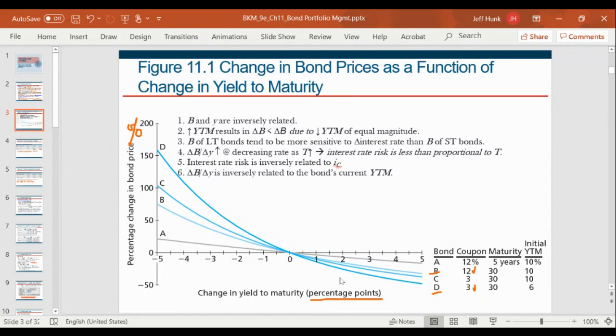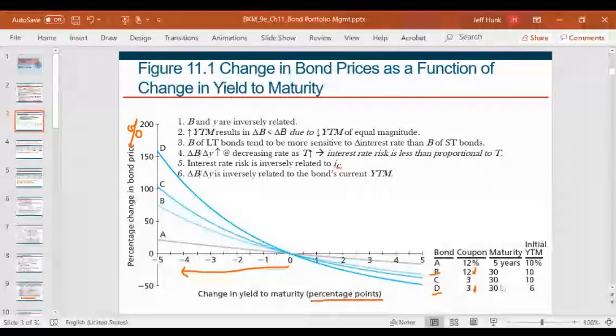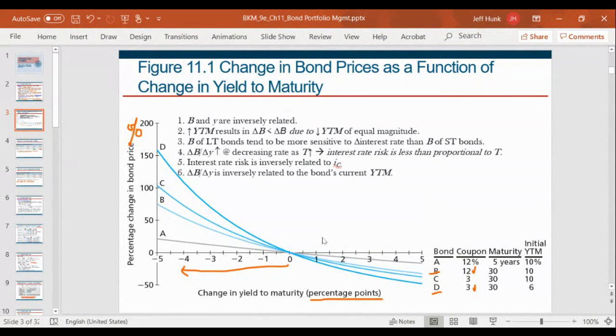The horizontal axis is the percentage point change in yield to maturity, right? So if the yield to maturity drops, let's say it dropped 4%, how much change do you see?